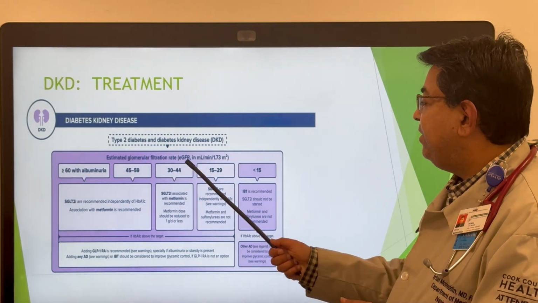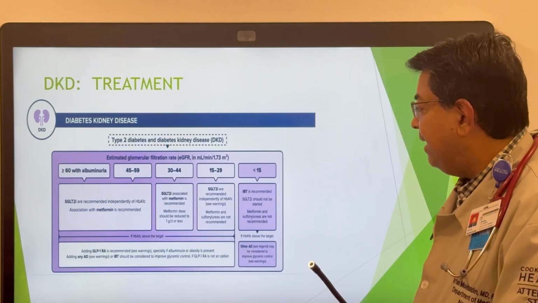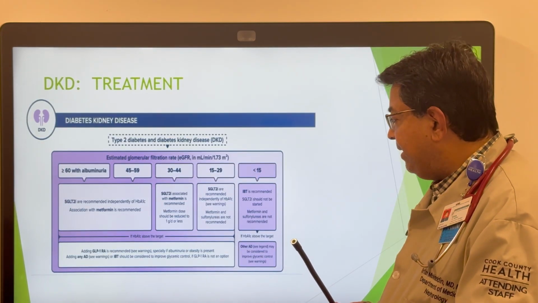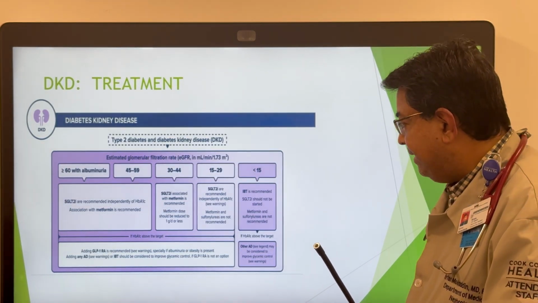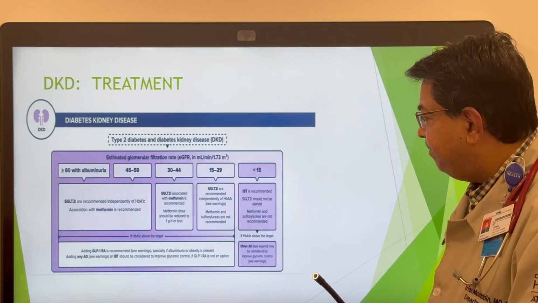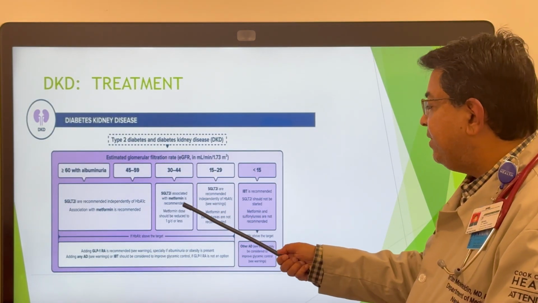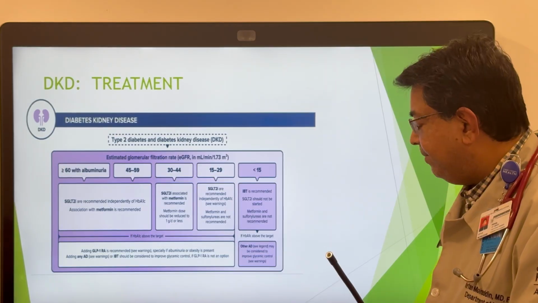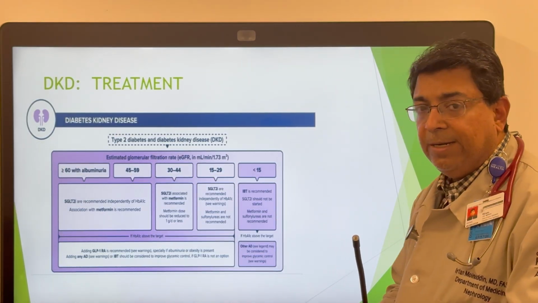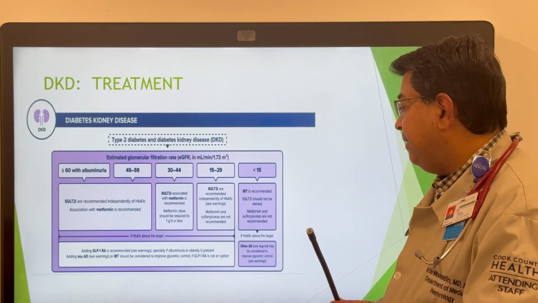If your GFR is 30 to 44, again, SGLT2 inhibitors associated with metformin is recommended, you should reduce the metformin dose according to GFR dose adjustments.